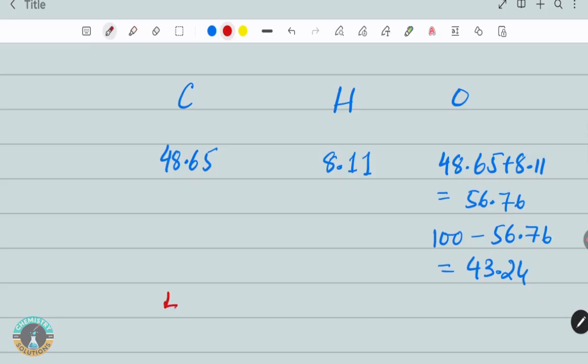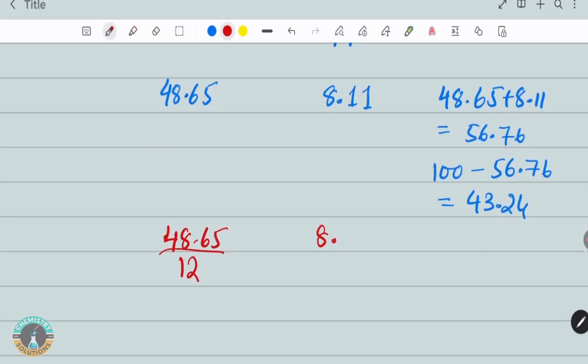We have to calculate 48.65 divided by 12, 8.11 divided by 1, the atomic mass of hydrogen atom, and for oxygen atom, 43.24 divided by 16.